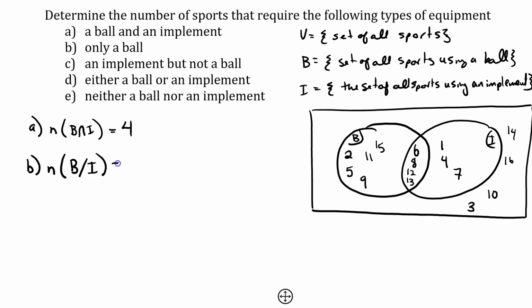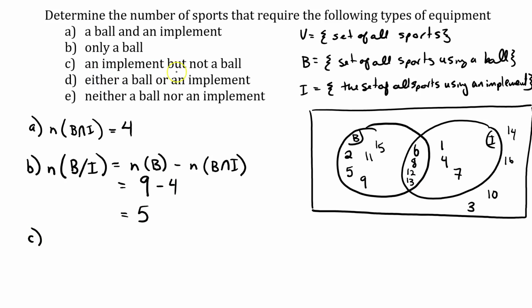So the number there would be the number of elements in B minus the number of elements in the intersection of B intersect I. The number of elements in B we can just quickly look up: 1, 2, 3, 4, 5, 6, 7, 8, 9. So the number of elements in B is 9 minus the number of elements in the intersection, 4. So that would be 5.